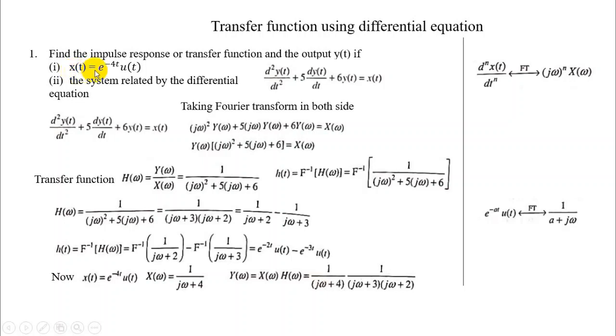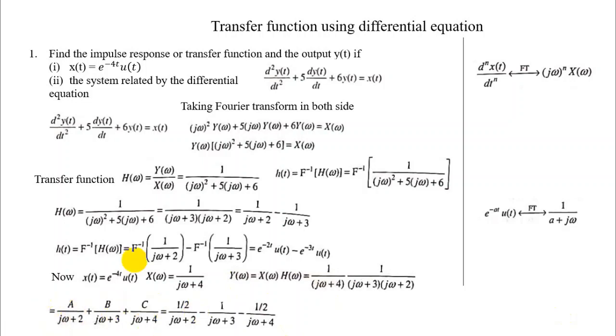Here in this case x(t) is e to the power minus 4t u(t), so you need to transform it to the Fourier transform. We know e to the power minus at u(t) in this fashion, so the Fourier transform is that. When you replace X(omega) by 1 divided by (j omega plus 4), you will get Y(omega). In similar fashion, you transform into A, B, C partial fractions.